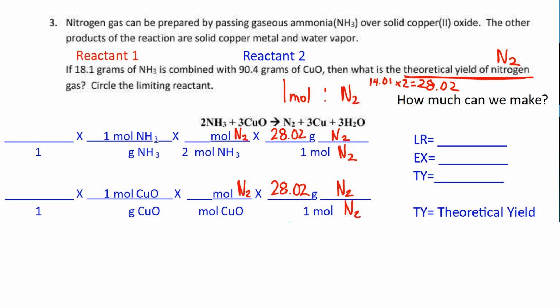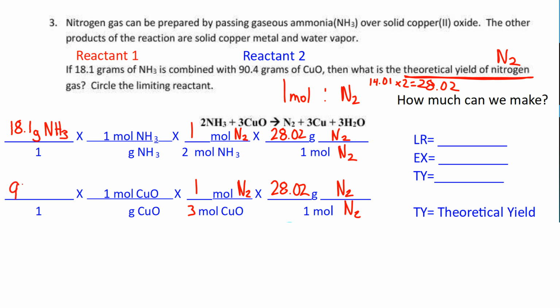All right. Now, the next part I can set up is my mole ratios. So from ammonia to nitrogen is 2 to 1. Nitrogen is 1. So I'm going to look here, CuO is 3. All right. I'm starting off at the same place. So I have 18.1 grams of NH3.